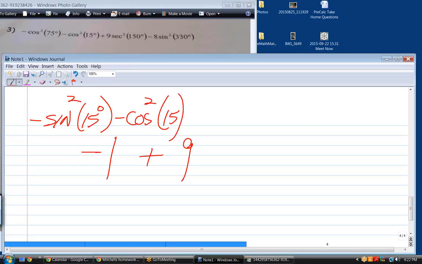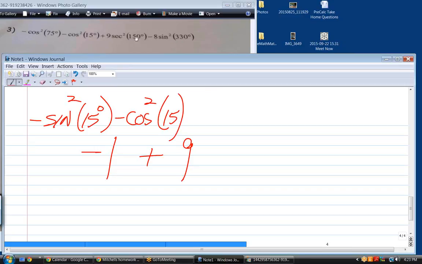Notice that every problem you and I have done for the last 2 sessions did not matter what the angle was. They all came out to either 1, negative 1, or 0, or some other number, regardless of the angle. So before we bother to figure out what those values are, let's see whether we need it or not. We're going to try to convert that to a 30 degree angle.